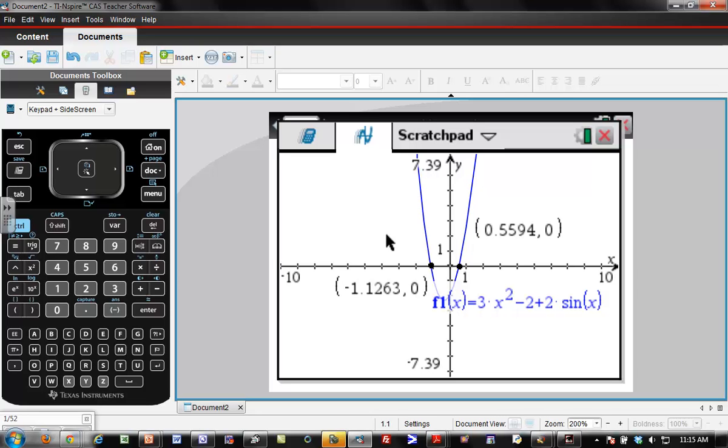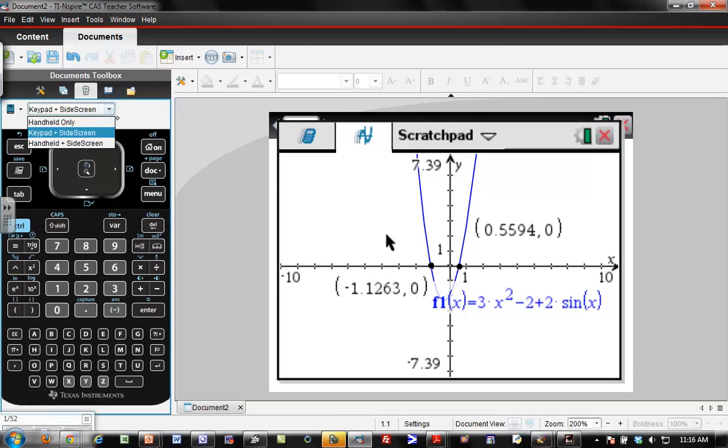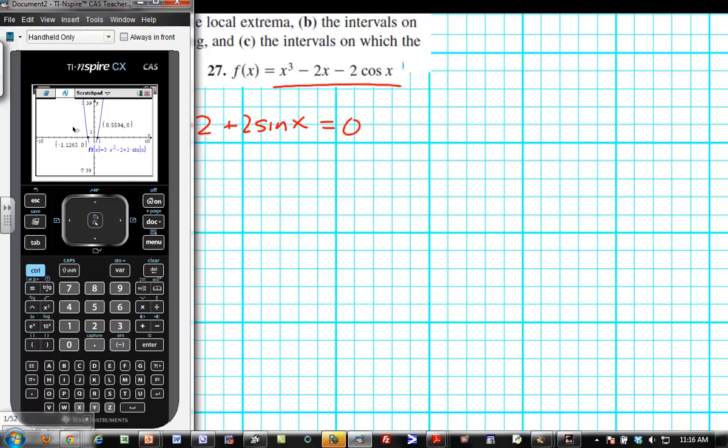Between those two zeros, the derivative function is negative. So that means the function must be decreasing in that interval. And then lastly, we must be having a function that's increasing because the derivative is positive once we get to the right of 0.5594. Now, I'm going to switch this back over to handheld only.